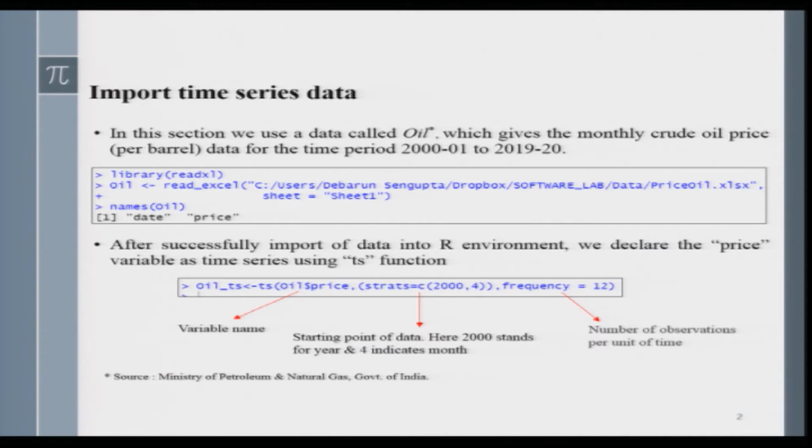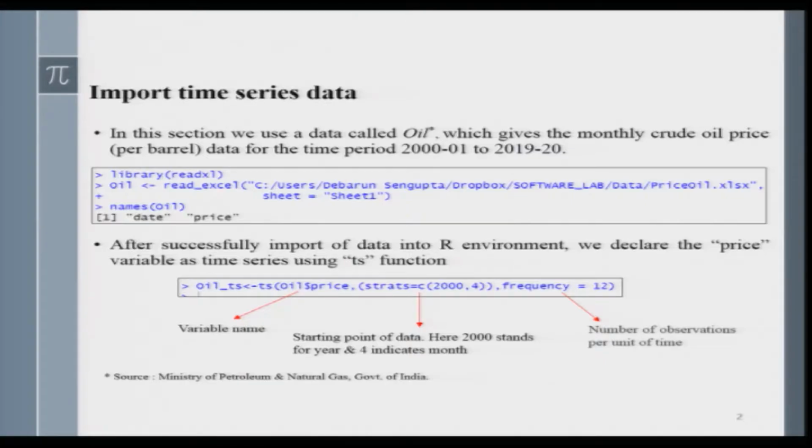Then we have to declare which variable is the time series, because that is very important. When you are dealing with a time series variable, you have to define that variable in the R environment as a time series, otherwise R will not understand whether it is time series data or cross section data. So, you have to tell the software how to read the data and how to consider the data. Here I am showing you the command which will instruct R to read a particular variable as a time series.